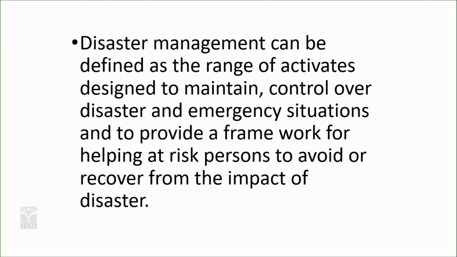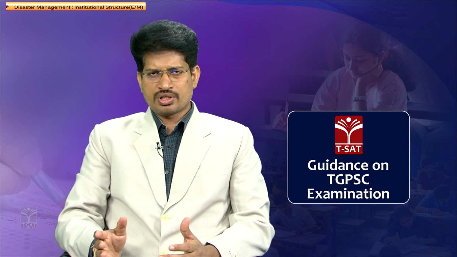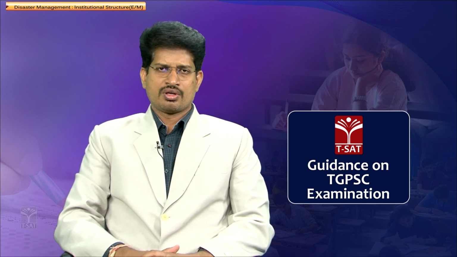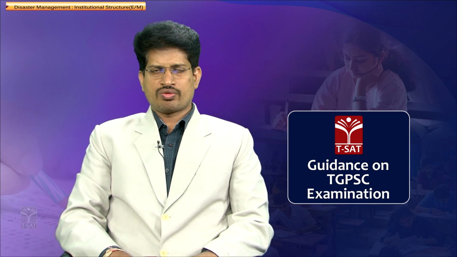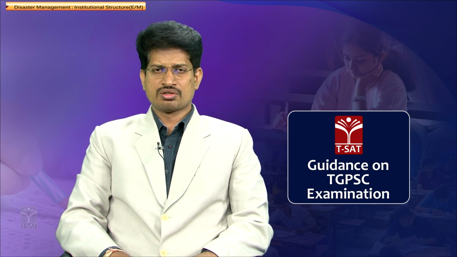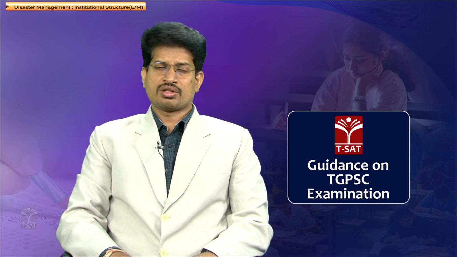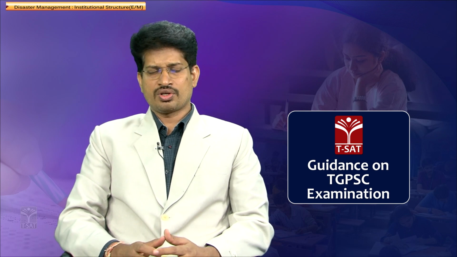A range of activities varies from disaster to disaster, because the activities needed in the case of a pandemic differ from those needed in the case of an earthquake or a cyclone. Activities done structurally, in terms of constructing cyclone structures, are a kind of range of activity.